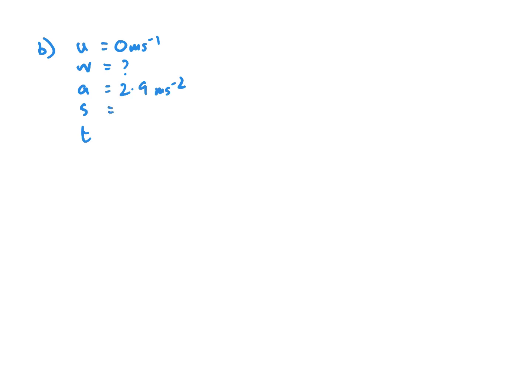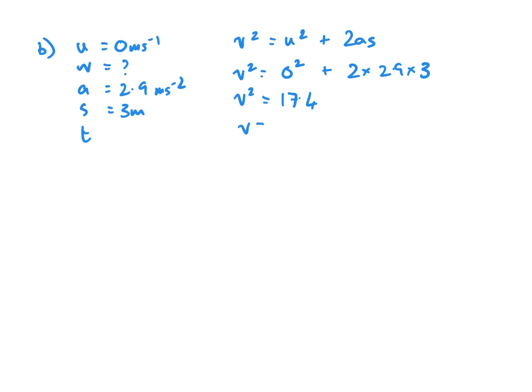It was 3 meters for s, and that's enough to solve for v. So we can do v squared equals u squared plus 2as. 0 squared, remember, is 0. So that gives us that v squared is 17.4. v is the square root of 17.4, which equals 4.2 meters per second.